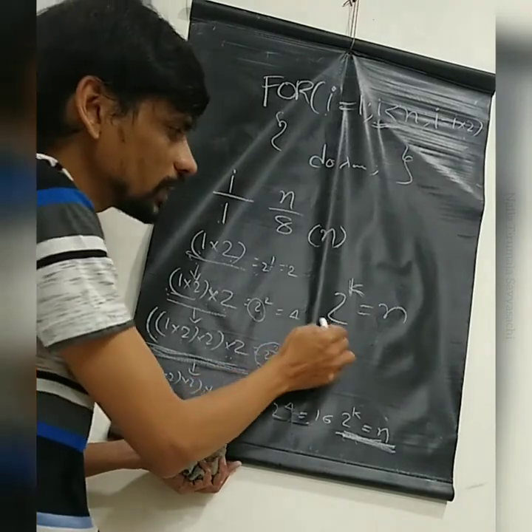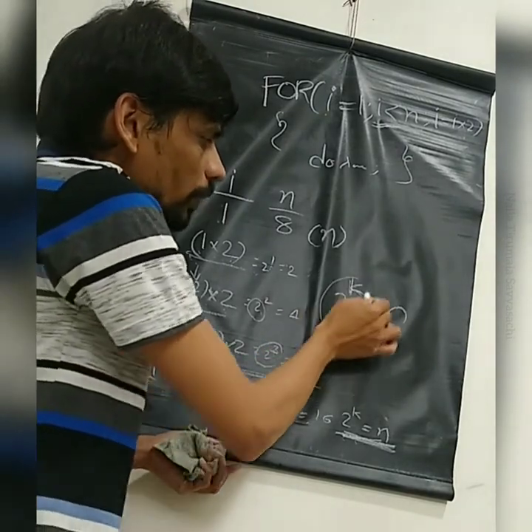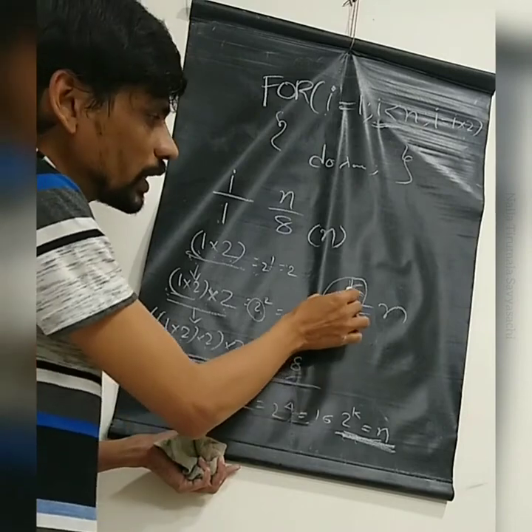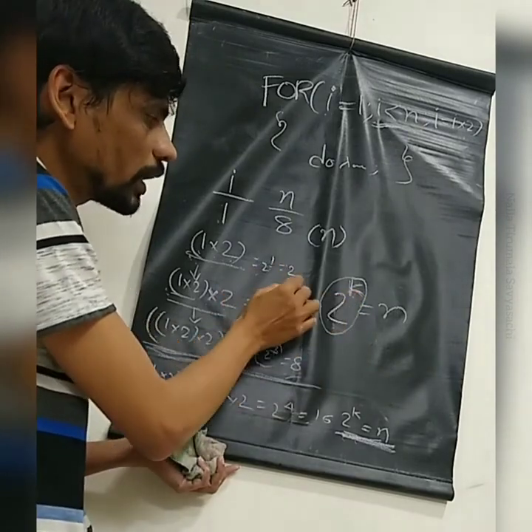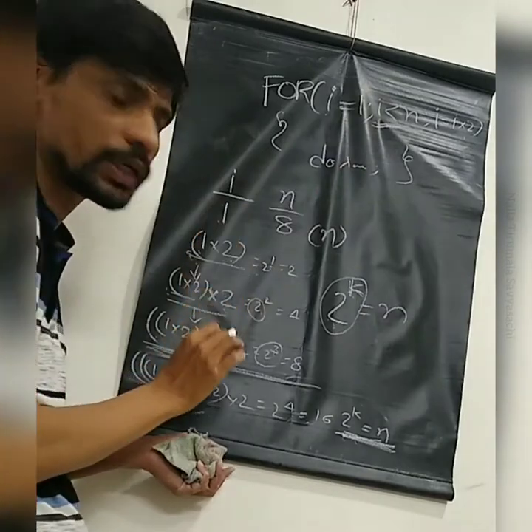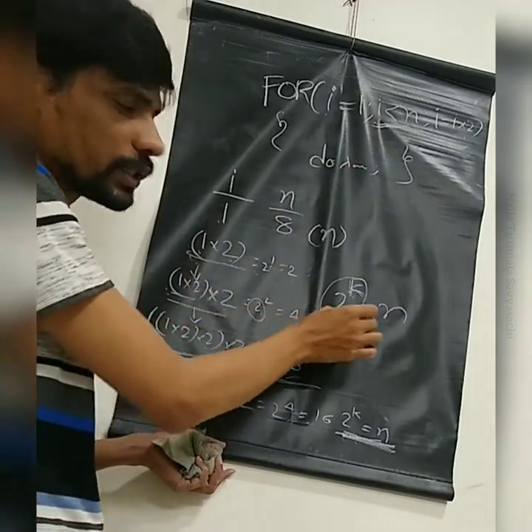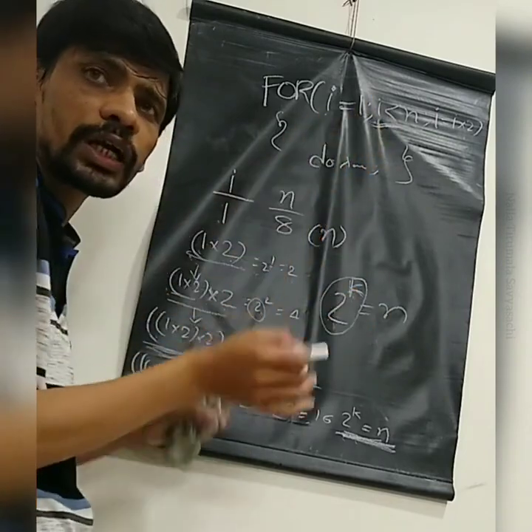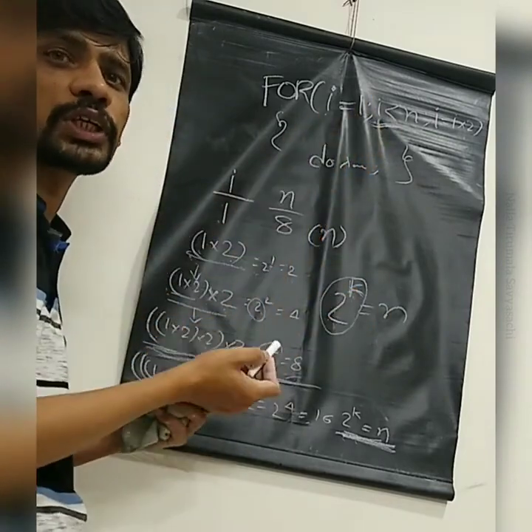So what exactly does this mean? In 2 power k, when I place k as 1, I get 2 and my condition is satisfied. When I place 2, my condition is satisfied. But when I place 3, my condition failed and I stop my execution, right?